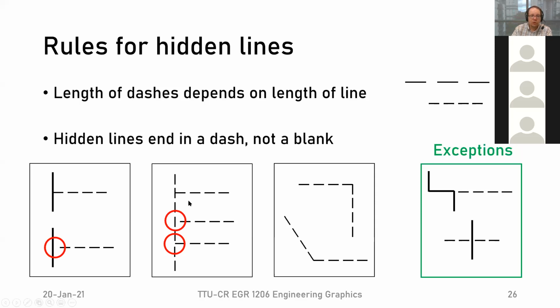What else do we have? Now, if we have two hidden lines come together, that'd be the second box, then wherever the two intersect, we want to have dash hits dash, right? That would be this one here, where the black part hits the black part. We don't want to have black on one side and empty on the other, or the other way around. So this is not what we want to do.